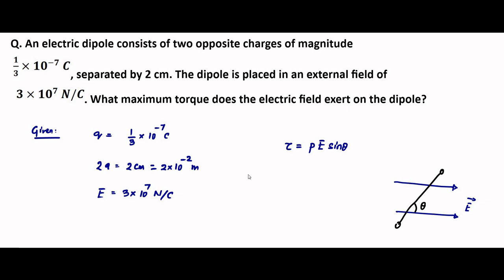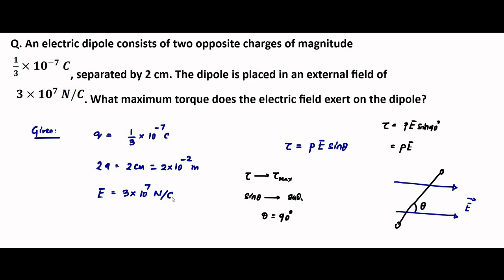Now this torque will be maximum when sine theta is maximum, and that will happen when theta is equal to 90 degree. So at theta equal to 90 degree, there will be maximum torque acting on the dipole, and that value will be tau equal to Pe sine 90 degree. Sine 90 degree is 1, so that is equal to only Pe.